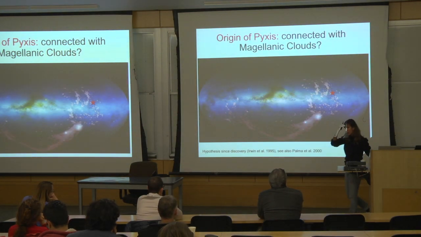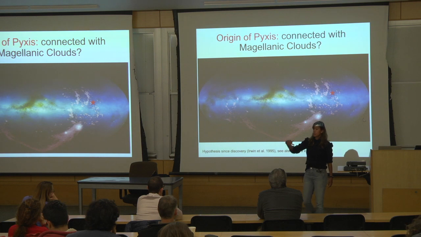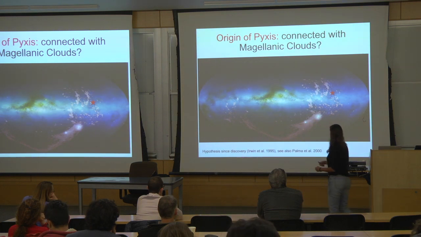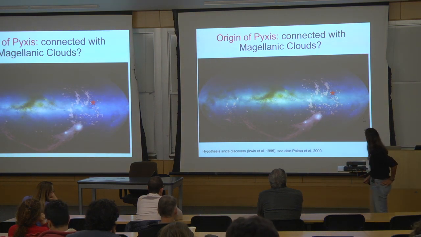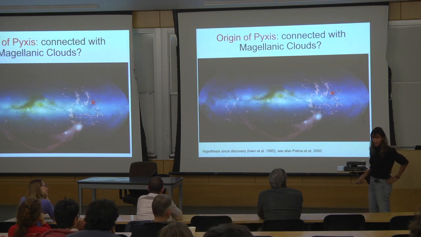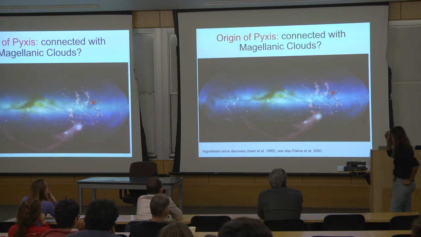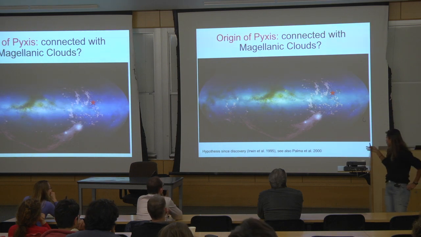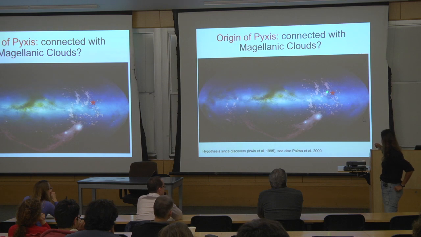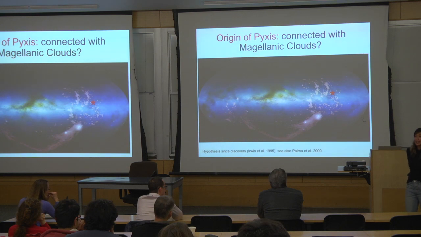And so we were able to measure an orbit for Pyxis, this globular cluster that's out in the halo, and so we were able to ask what its origin could be. From the time of its discovery, the hypothesis was that because its location is coincident with the leading part of the Magellanic Stream, this globular cluster actually came in with the Magellanic Clouds.